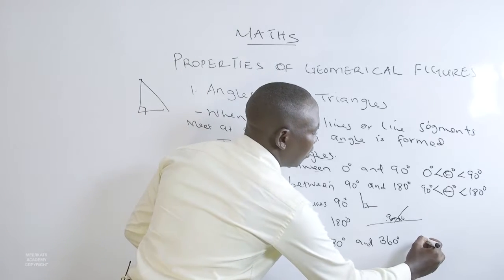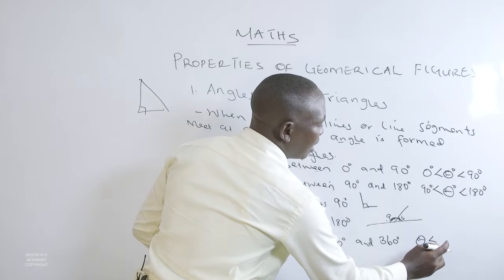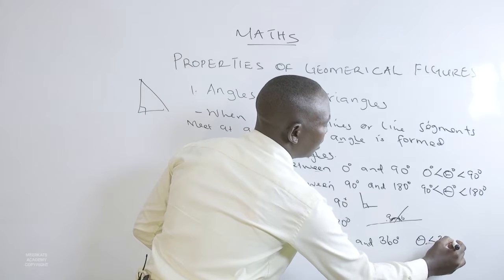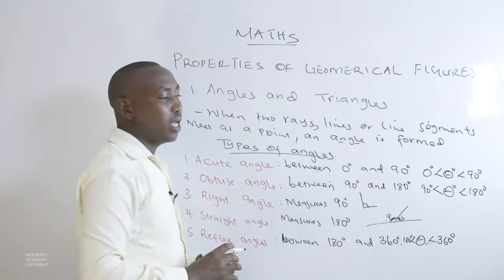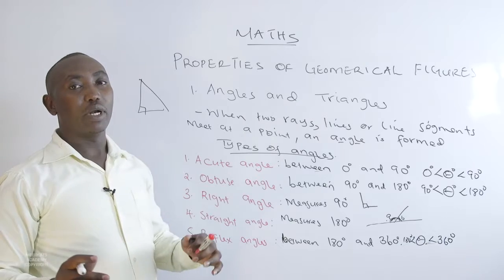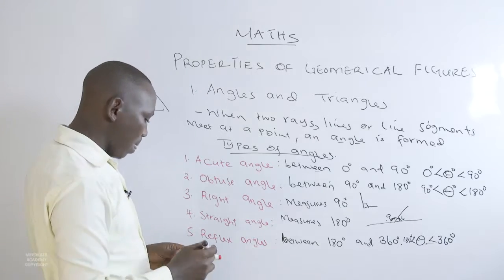That means for it to be a reflex angle, it should be strictly less than 360 degrees, but more than 180 degrees. So it gives what you call a reflex angle.